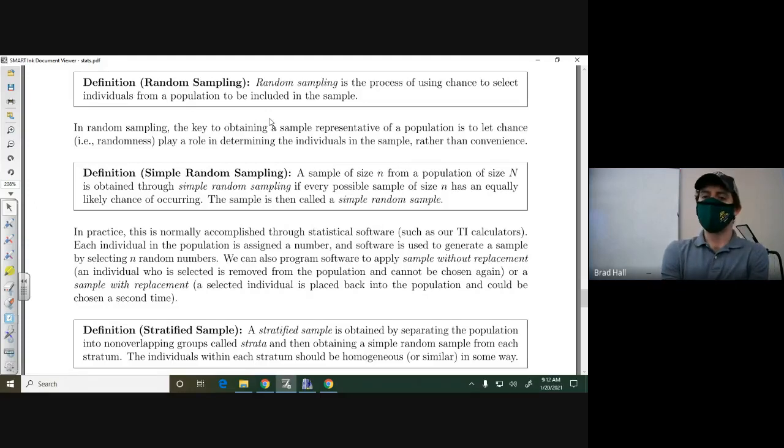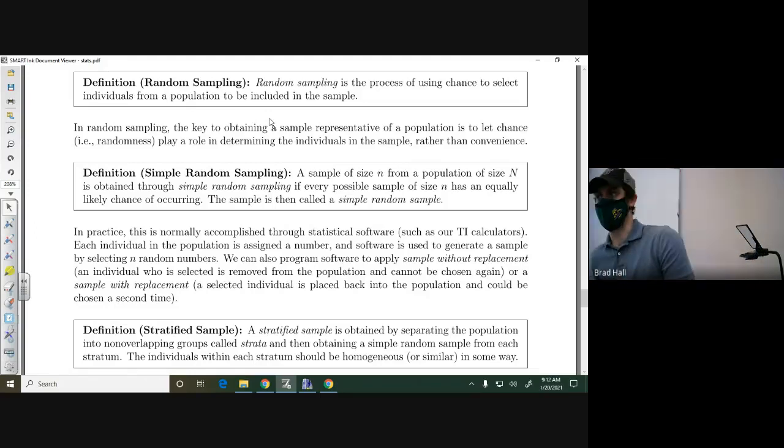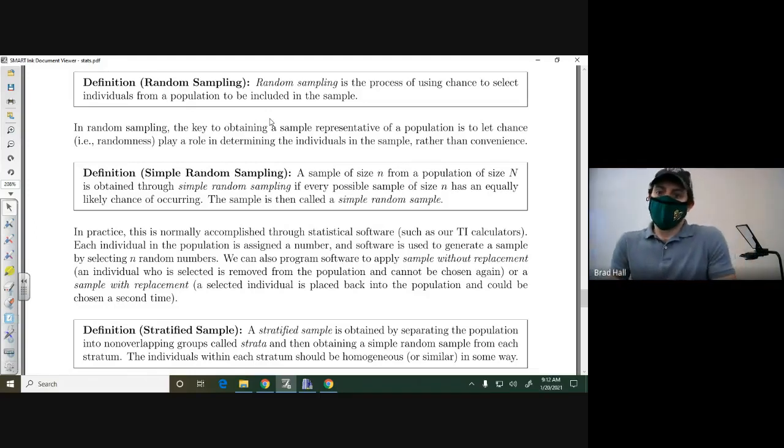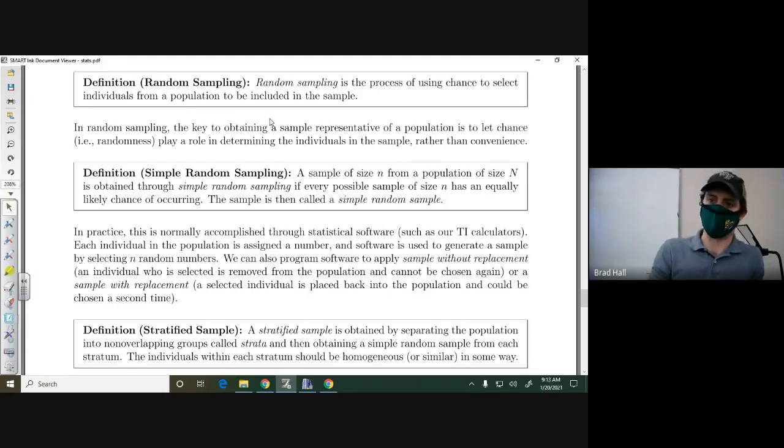So instead, generally how simple random sampling works in practice is every person in the population is assigned a number, and a seed using some technology is chosen to randomly select these people in the population.